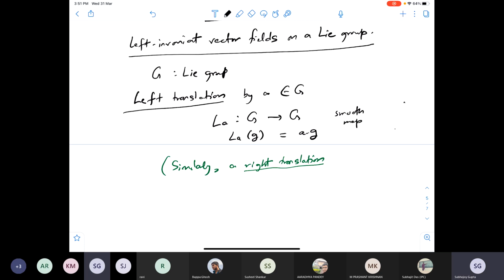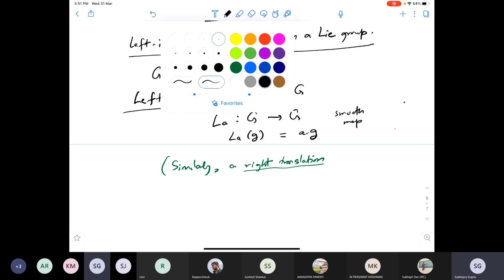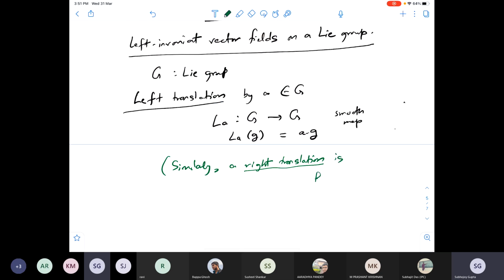But in general, right translation is when you multiply on the right by that fixed element A. Maybe I should do that in green. Sorry. Right translation is some map which is called R subscript A. A is going to be fixed, and you multiply on the right.